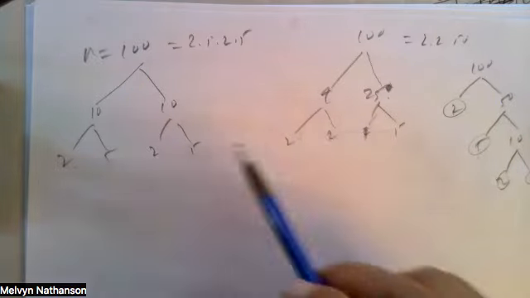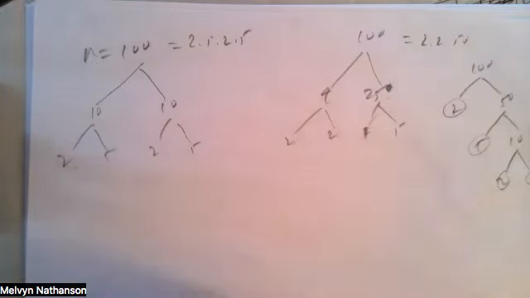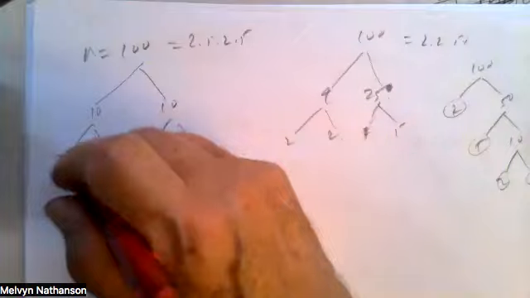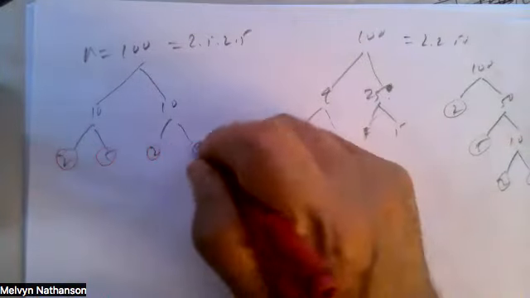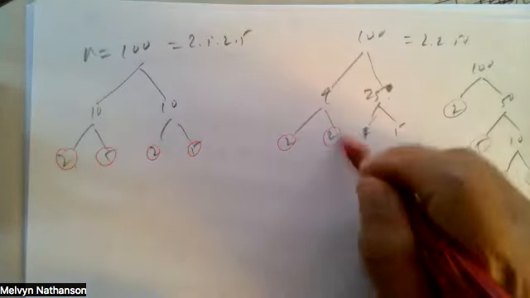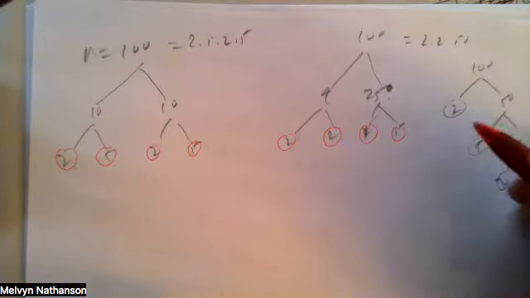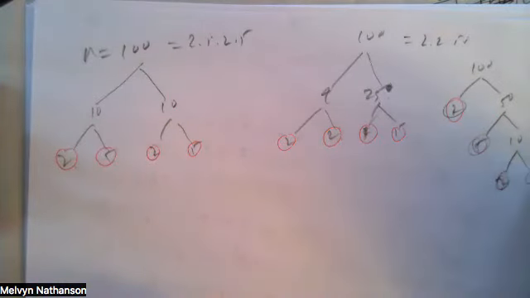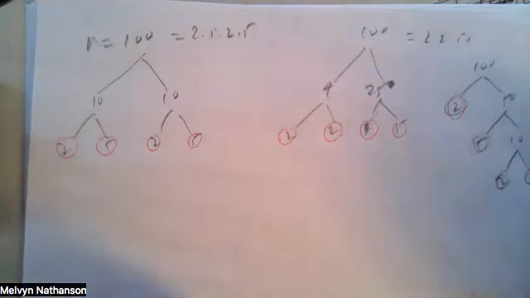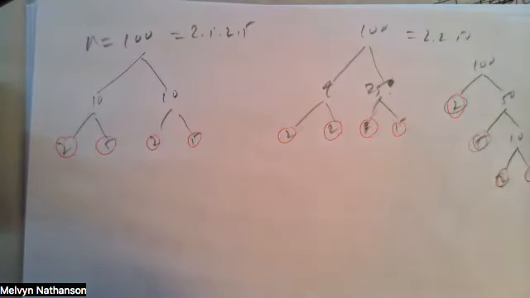So these are three different factorization trees for 100. But if you factor every branch until you just have prime numbers at the end, there are always two 2's and two 5's. That's the fundamental theorem of arithmetic.